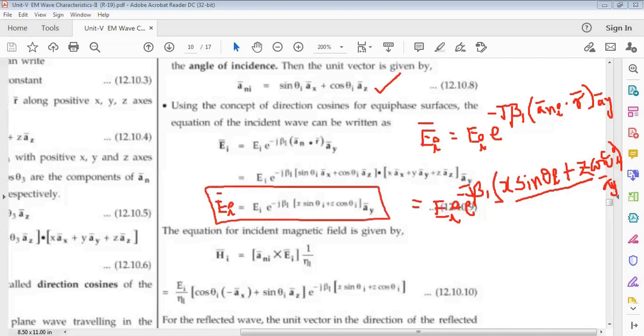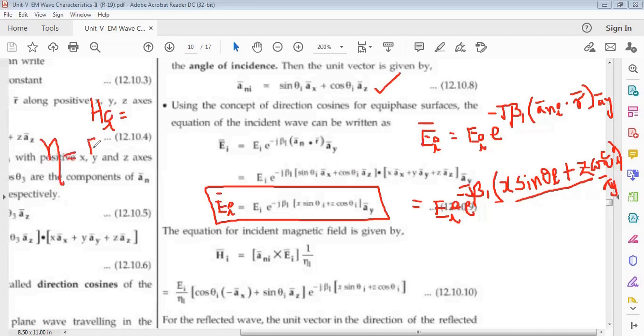Then the magnetic field. The equation of the incident magnetic field is the formula to find the magnetic field after finding the electric field, H_i is equal to. Actually, the ratio of the electric field to the magnetic field is nothing but the intrinsic impedance.